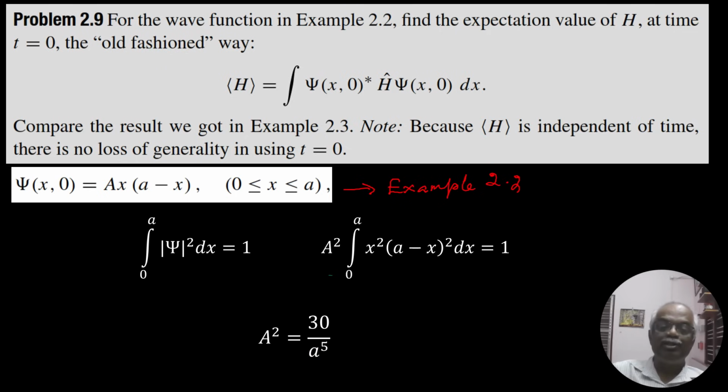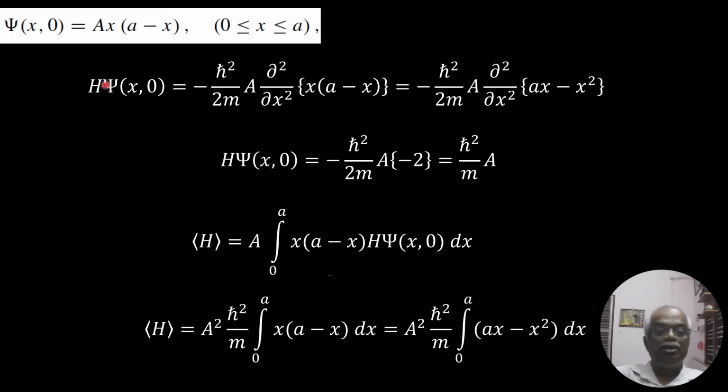Now we will continue further. First, we will find what happens if the Hamiltonian acts on the wave function psi of x and 0. Already it is given: psi of x,0 is equal to A x into (a minus x). So you replace the Hamiltonian by its operator, that is minus h cross squared over 2m times del 2 over del x squared.